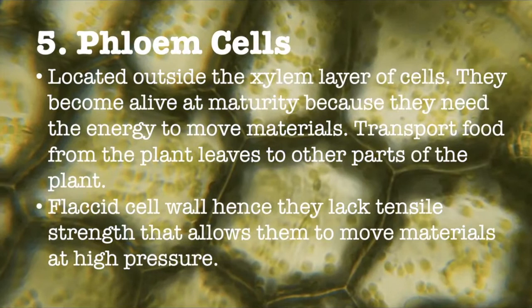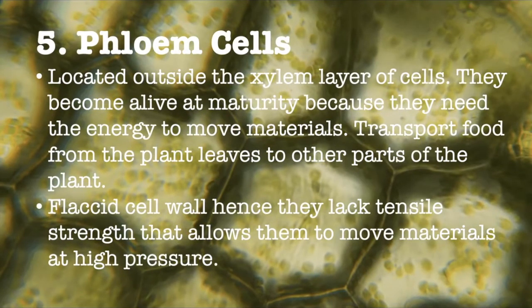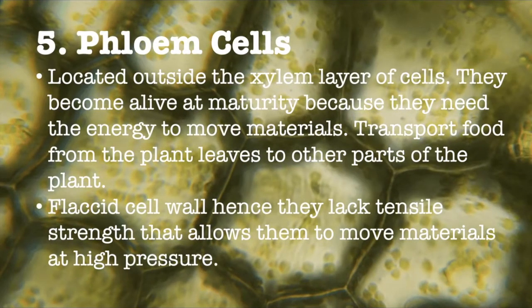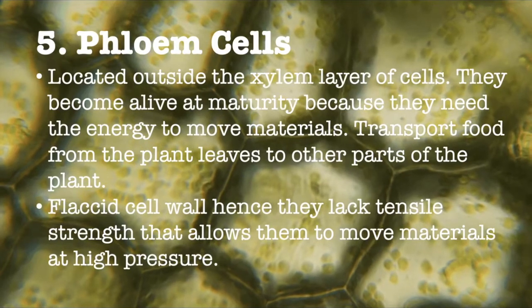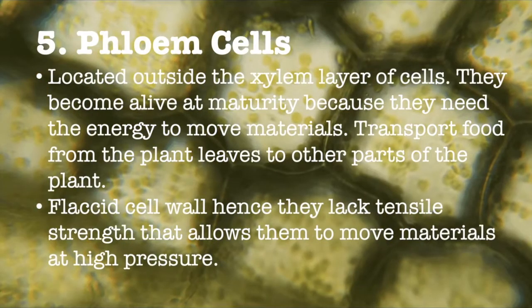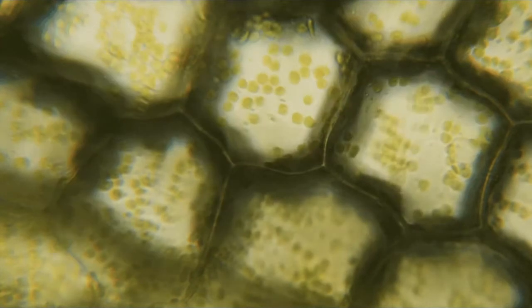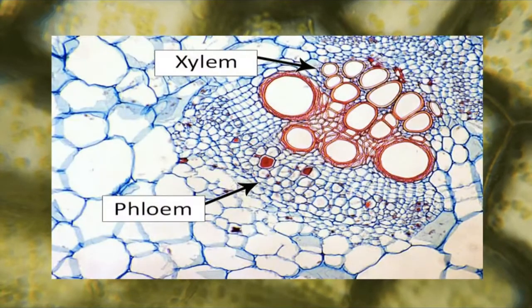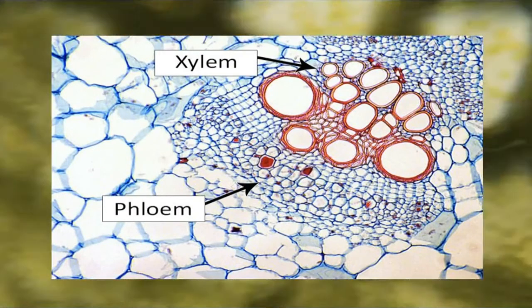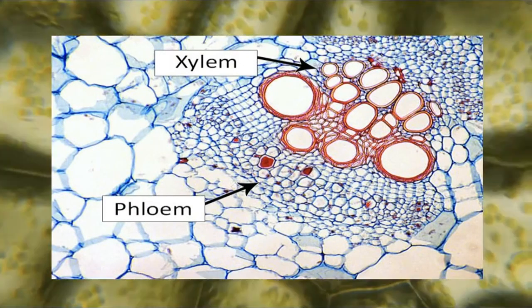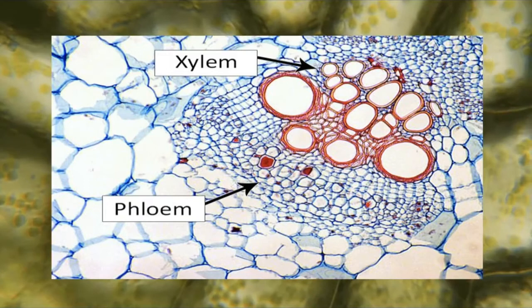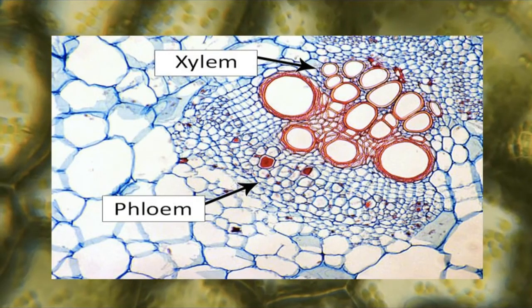They also have a flaccid cell wall, hence they lack tensile strength that allows them to move materials at high pressure. The illustration shows how a phloem looks like, and also a xylem. So you see the difference between a phloem and a xylem.